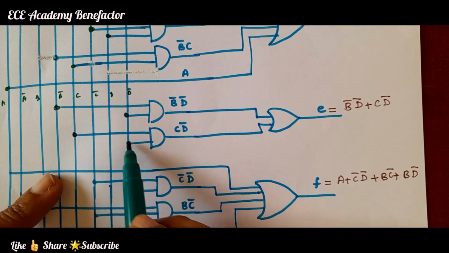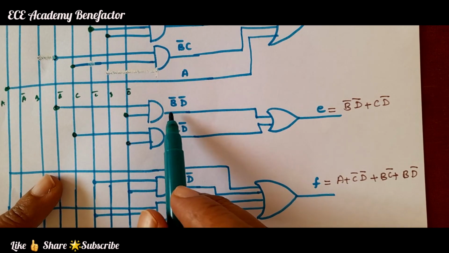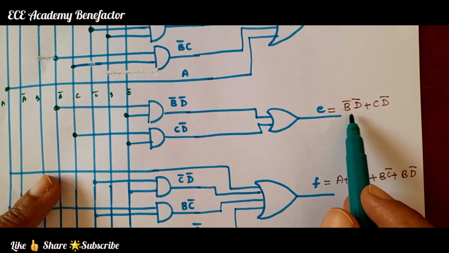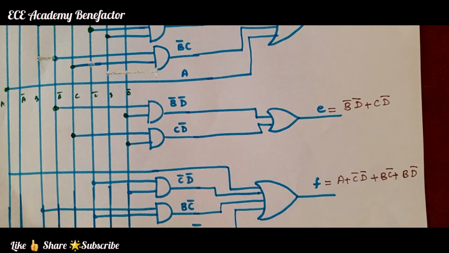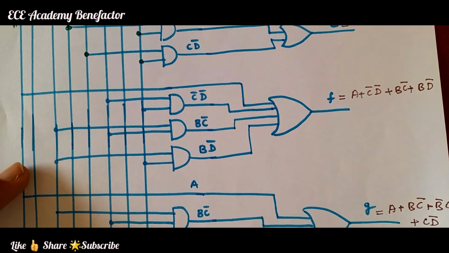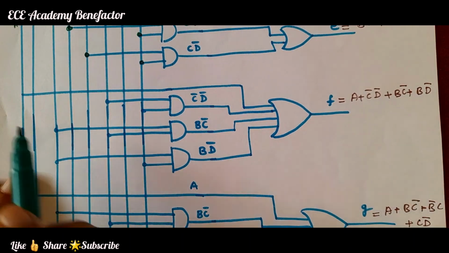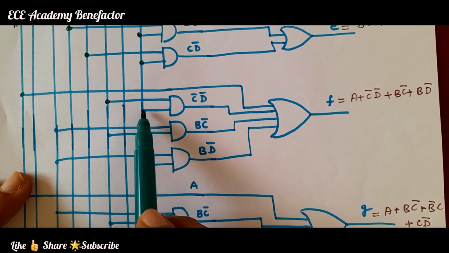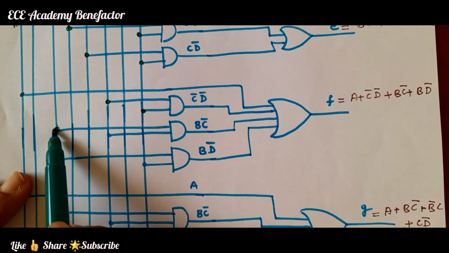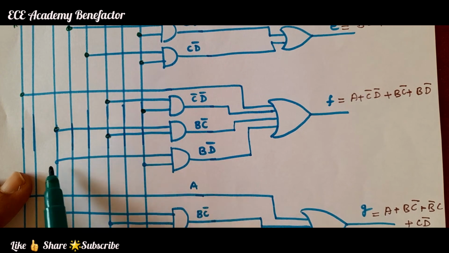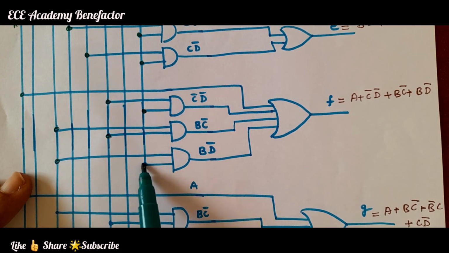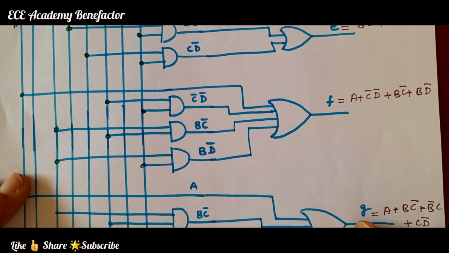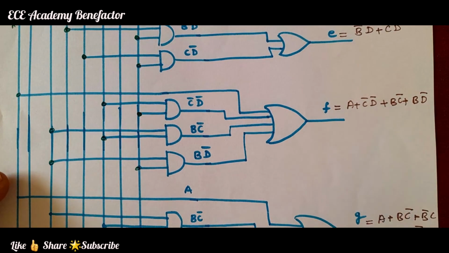The outputs are connected to an OR gate to generate the function E. Now for the function F, connected to A, C bar D bar, B C bar, B D bar. All these inputs are given to an OR gate to generate the function F.